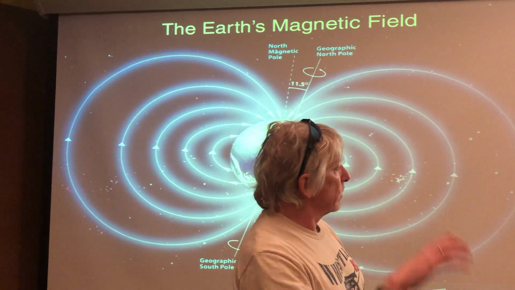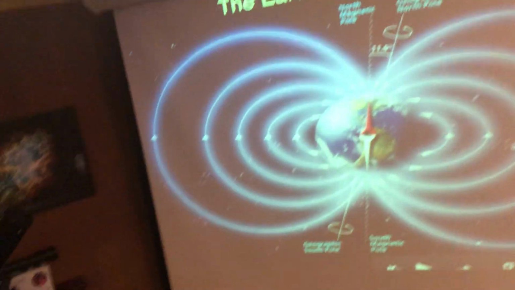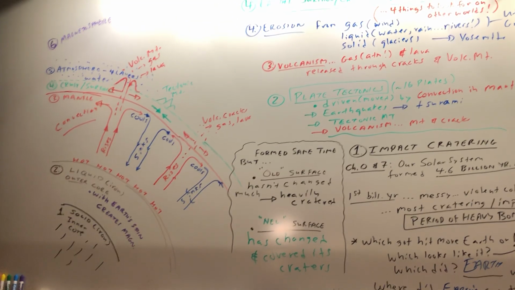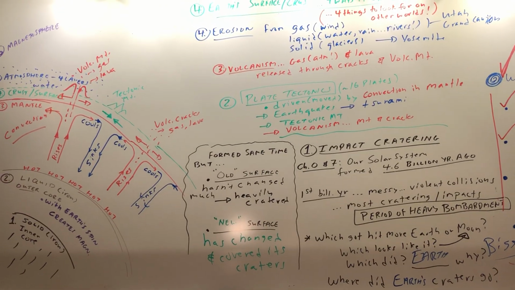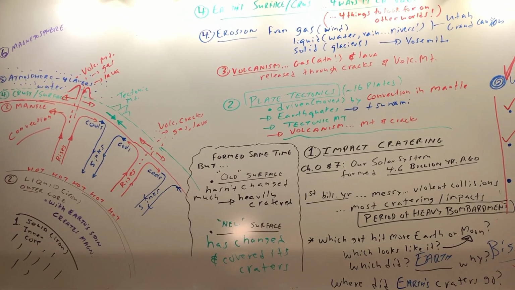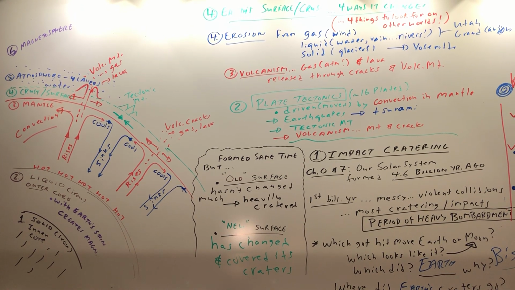So I encourage you to review all of that and how our Earth is so connected. And we're going to see now how Earth is so protected. And hopefully we got that. All right, until next time.